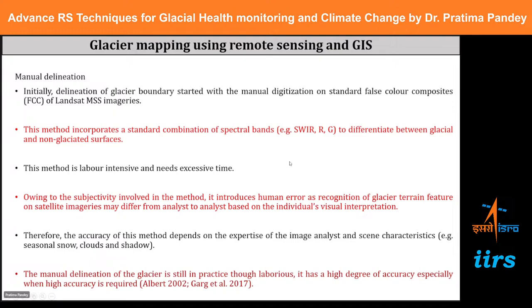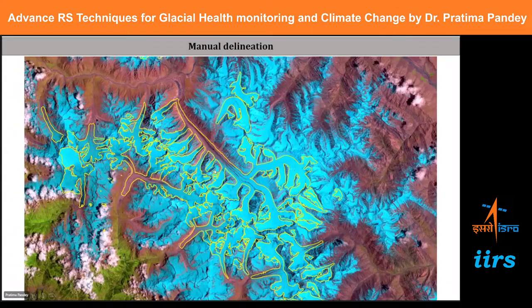So using this type of image and the optical data, we can manually map the glacier. So we make an FCC, false color composite, of images, and we can differentiate between glacier and the non-glacier bodies, and by mapping this way we can monitor the glacier. This is an example of the manual delineation of the glacier using remote sensing data.